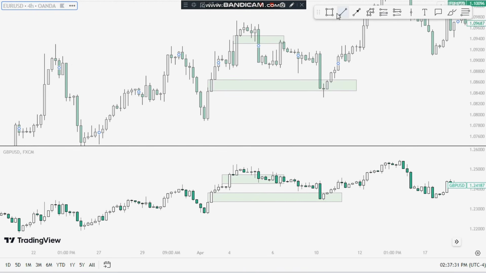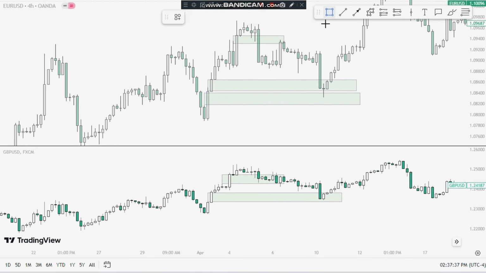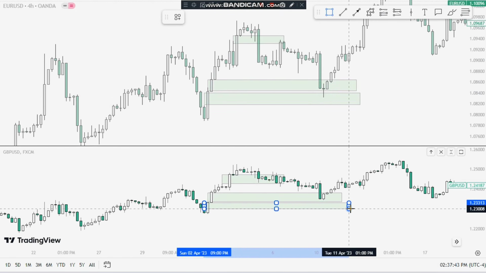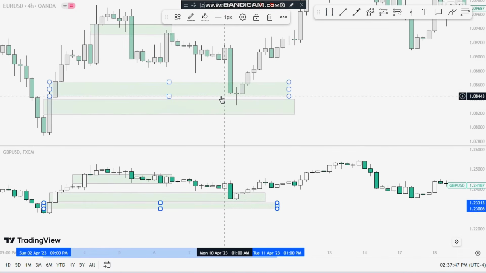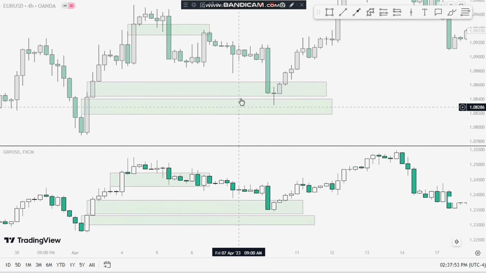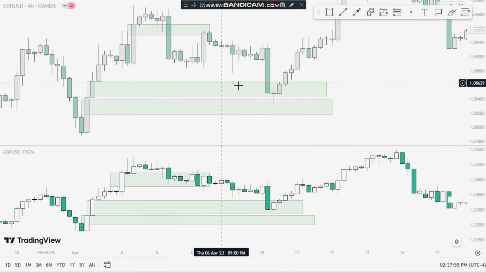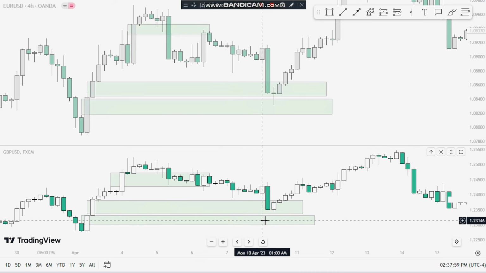Now you can see this one, this fair value gap, it got filled where the price came down to this fair value gap, and if you look at the GBP, the price didn't come down. So if you are looking for longs and you see something like this, you see that on 4 hour one fair value gap on the euro has got filled and it hasn't got filled on the GBP.